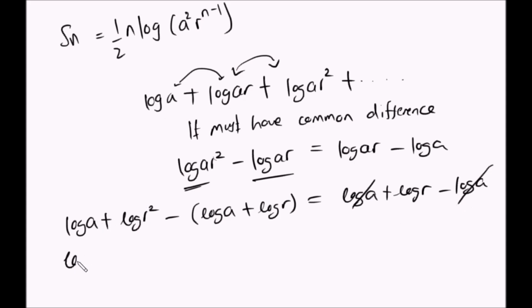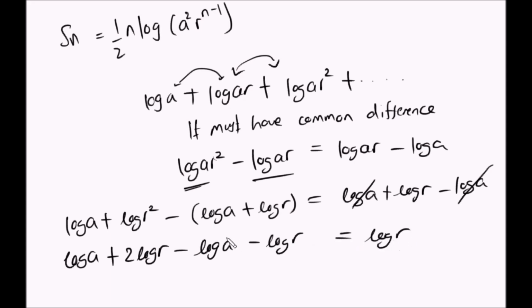So hapa nayo itakuwa ni log a plus hii log r square unaweza kaandika like 2 log r, ingiza negative ndani, minus log a minus log r ni sasa na log r. So log a na log a kwa heri.